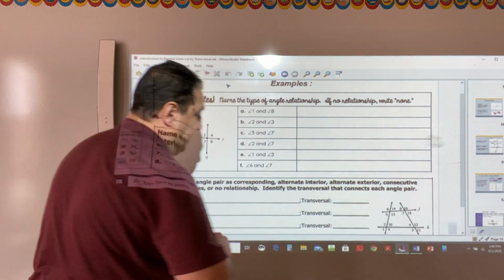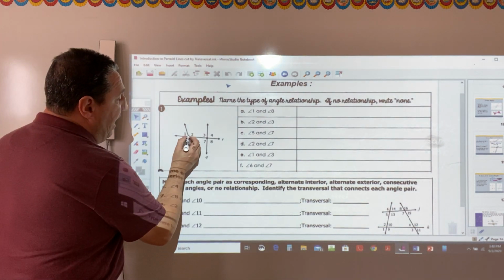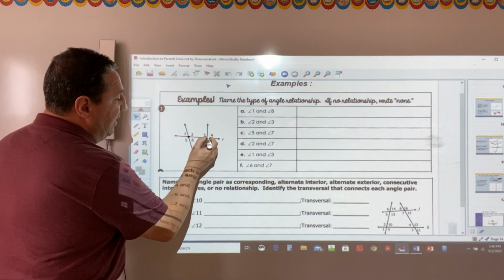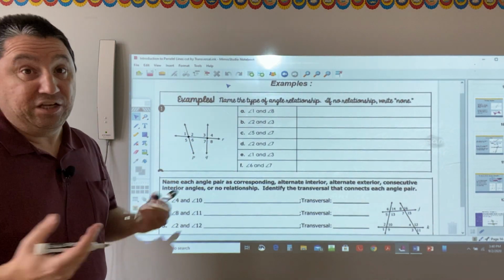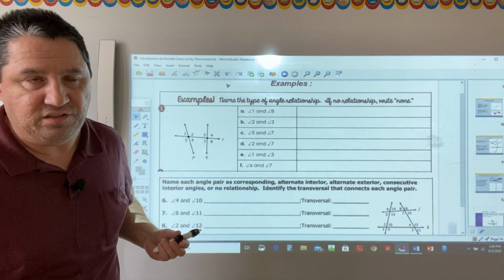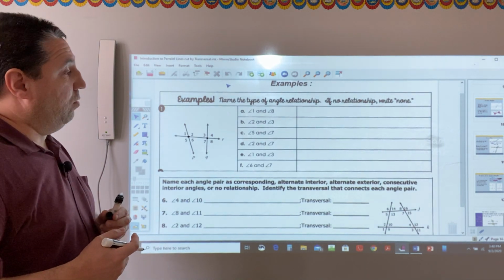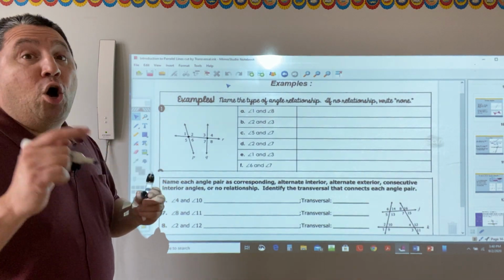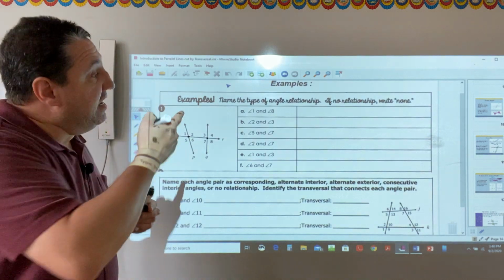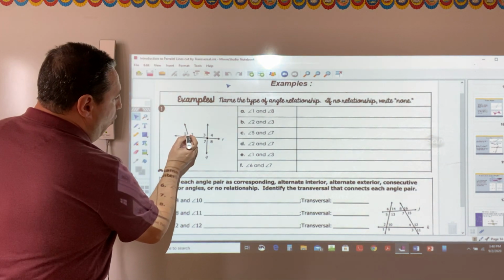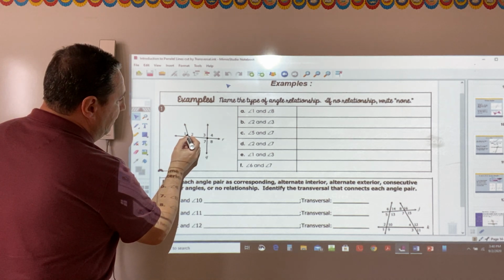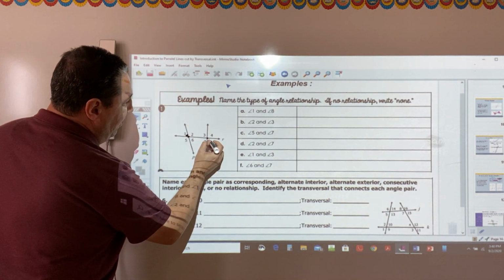Why? Because line R cut or intersect the other two lines into two different points. That's why line R is the transversal. Good. Now, what's next? We have to mark the given angles, 1 and 8. So, 1 is right here, and 8 is right here.